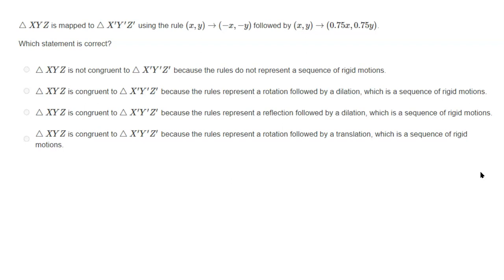Which statement is correct? Triangle XYZ is not congruent to triangle X prime, Y prime, Z prime because the rules do not represent a sequence of rigid motion. Or maybe they are congruent. Is dilation a sequence of rigid motion? We know translation is.